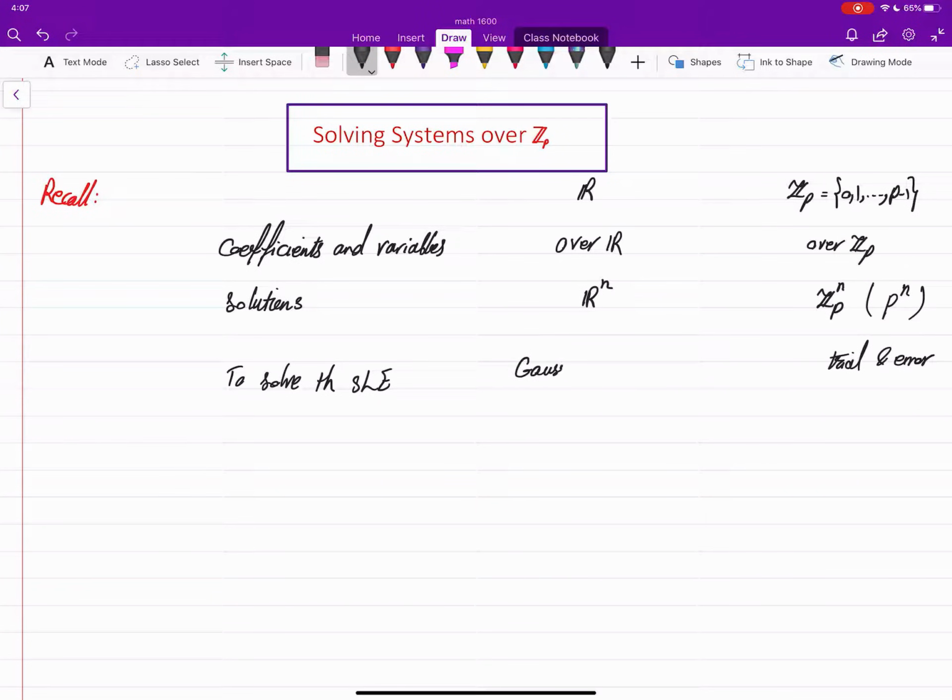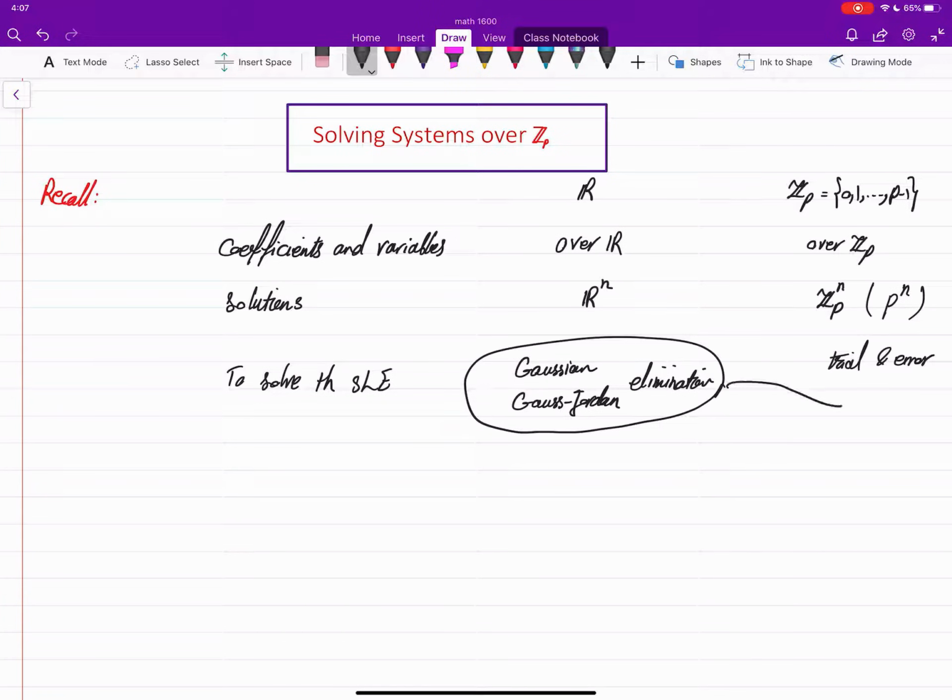One is Gaussian, and the other one is called Gauss-Jordan elimination. Now we want to say that these also work here. We can do Gauss elimination or Gauss-Jordan elimination for systems over Zp.